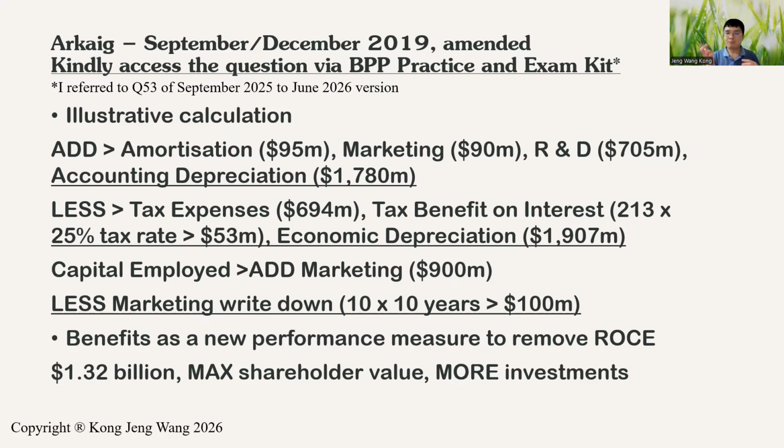My version is for September 2025 to June 2026, so it is located at question 53. If you have a newer version, the question number may be different, but you look for the company name, ARKA IG, and you will be able to find the question. It is from the December 2019 examination.